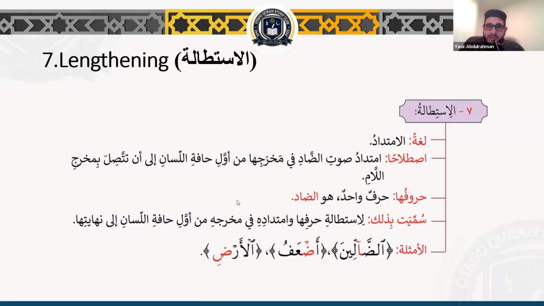And that area, because it's not pressured from the front side, it's loose enough for the tongue to move a little bit to the front, and that's what we call al-istitala, elongation. Because what's happening here is the lengthening, or elongating. It's happening because of that slight movement in the tongue forward to produce more area for the air to be pressured in.